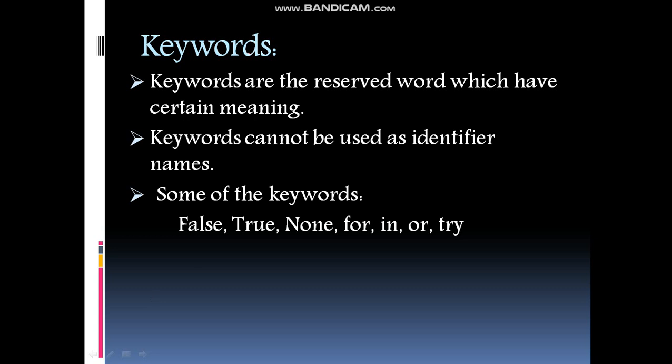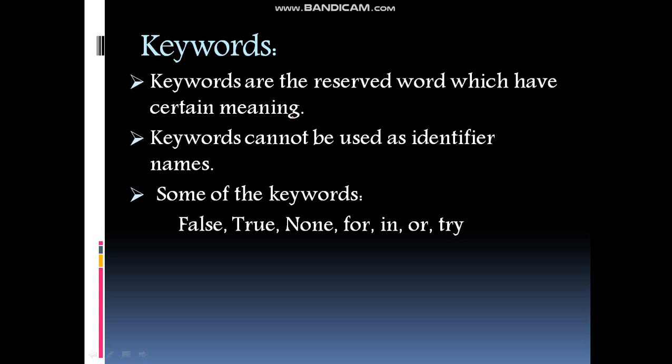Now about keywords. What are keywords? Keywords are reserved words which have a certain meaning, meaning they have already been defined. Certain words are already there and have their own meaning. Who has defined them? The compiler or the interpreter of the program has already defined the meaning of these words.